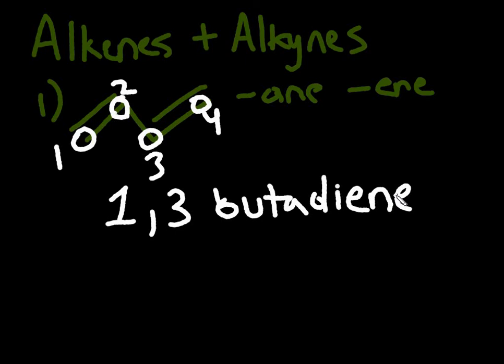Okay. Let's look at another one. So we have 1, 2, 3, 4, 5, 6. We have 6 carbons. So we know hexane. But since it's an alkene, we have that ene.